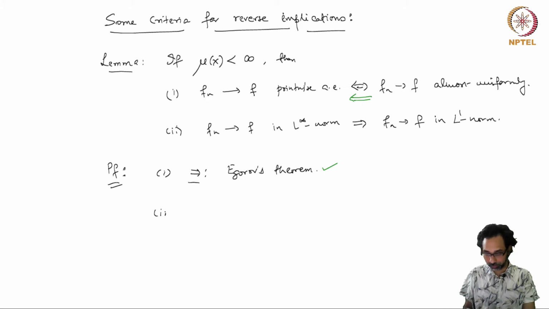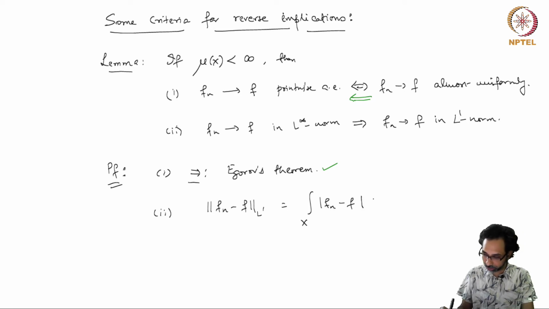Now, for the second part, if Fn converges to F in L infinity norm, then if you take the L1 norm of the difference Fn minus F, this is nothing but the integral of modulus Fn minus F d mu.